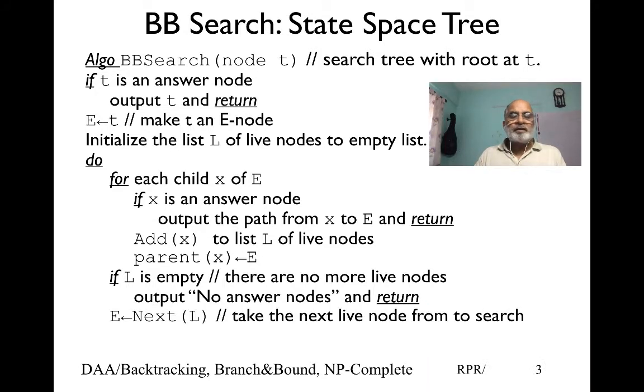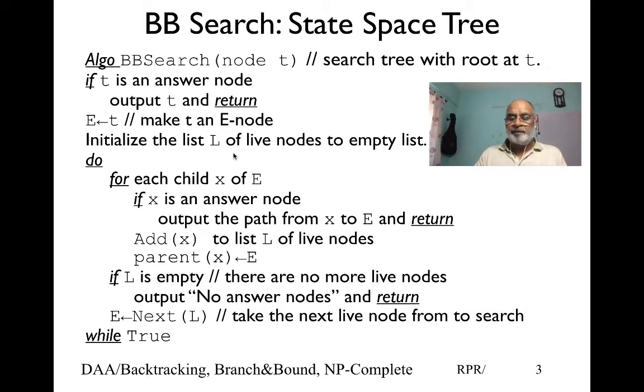So this is a generic algorithm for searching the state space tree that we build, and we keep doing it until the list becomes empty. When it becomes empty, we come out and say there is no answer node, or at some point we'll get an answer node and output the path. Now the whole complexity, or the efficiency, of the algorithm depends upon what kind of list we are maintaining here.